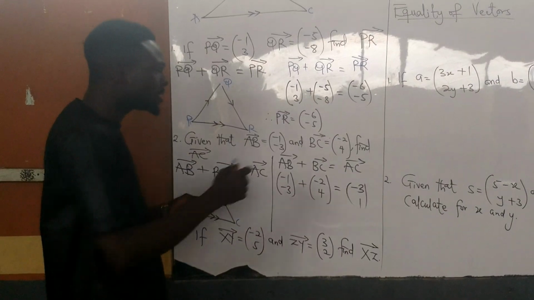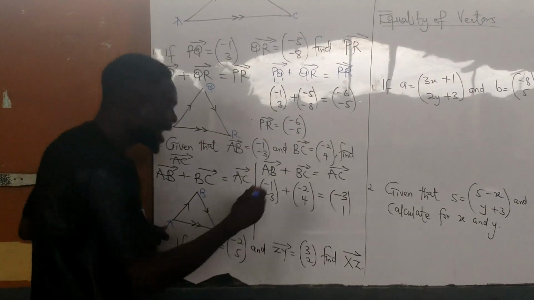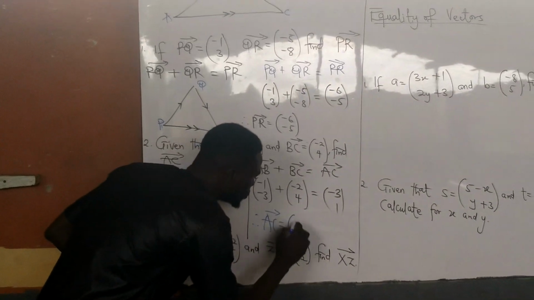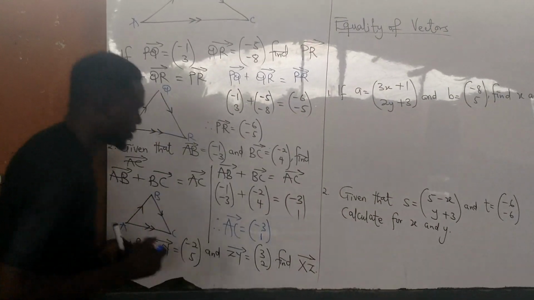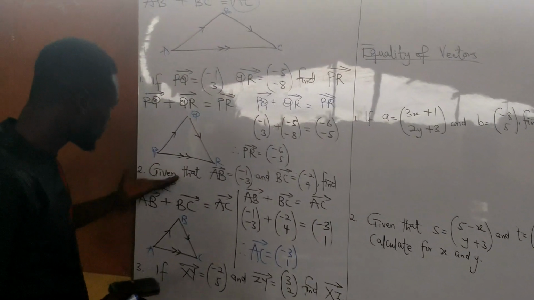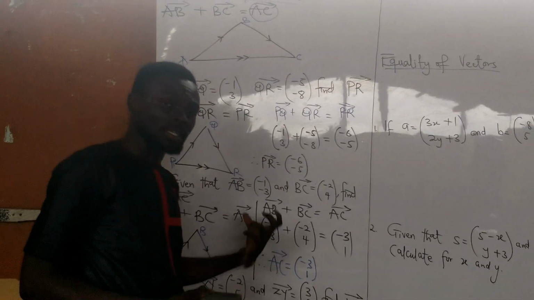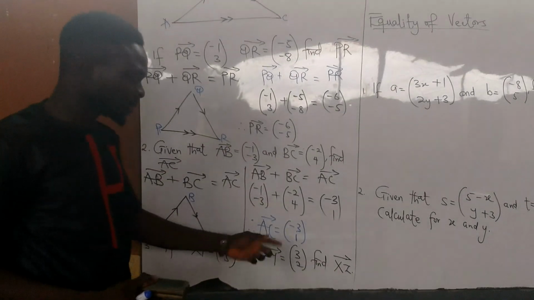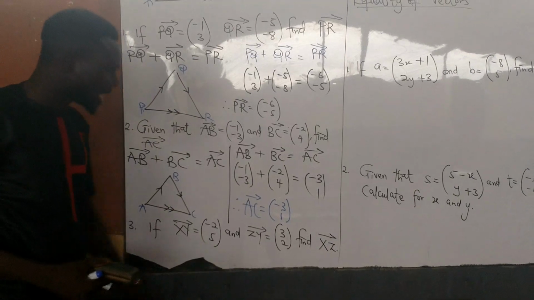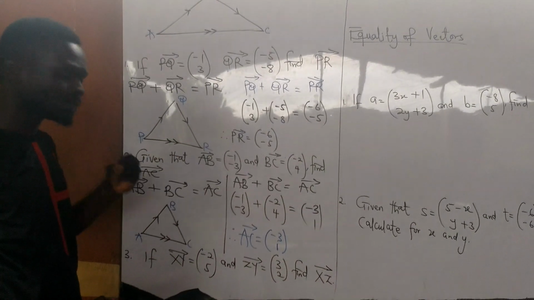So vector AC, which is what the question is asking to find, is equal to negative 3, 1. And this is the answer for number 2. Vector AC is negative 3, 1. And we have the last one under the resultant vector.